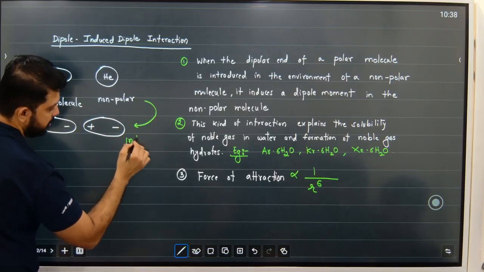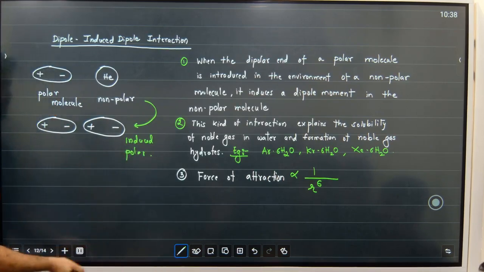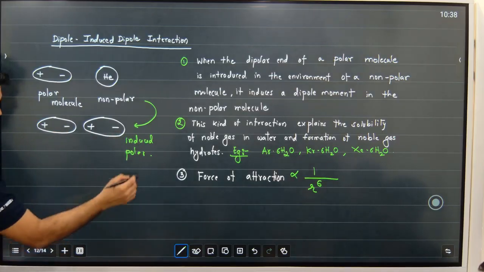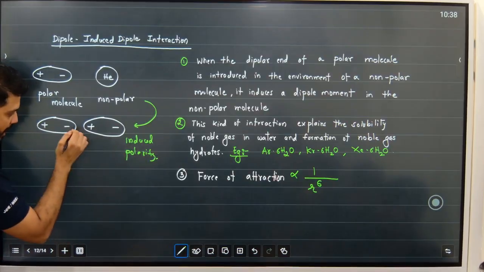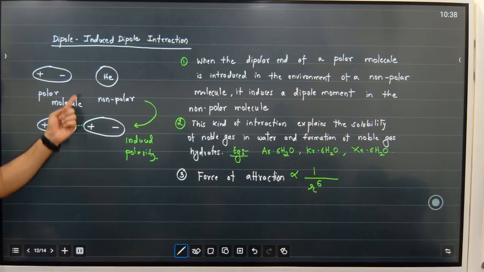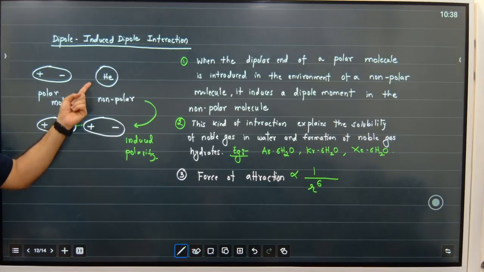This becomes induced polar, which means the polar molecule induced polarity into this non-polar molecule. And now the interaction between the two will be called dipole-induced dipole.